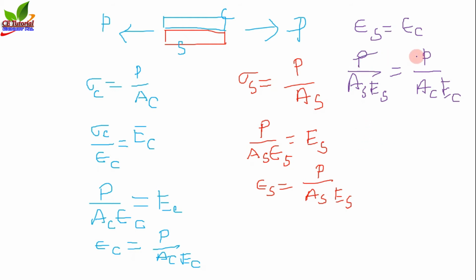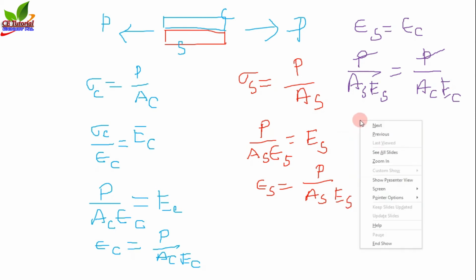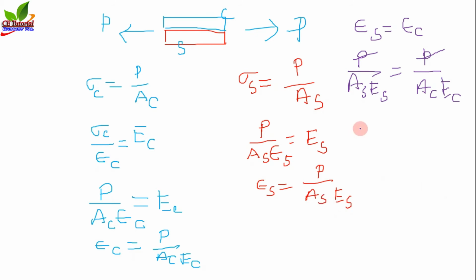Now we can neglect the P, so we can say that AS ES is equal to AC EC.